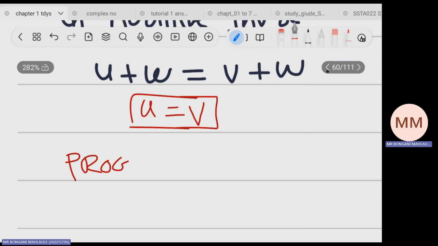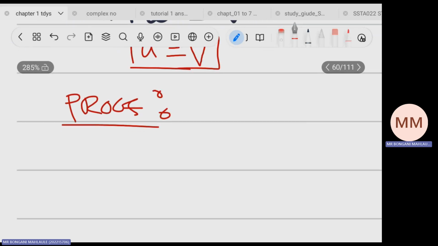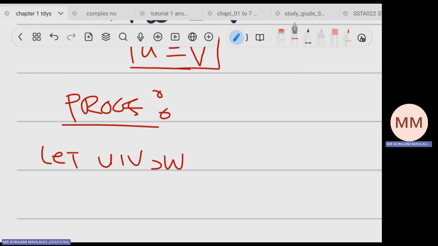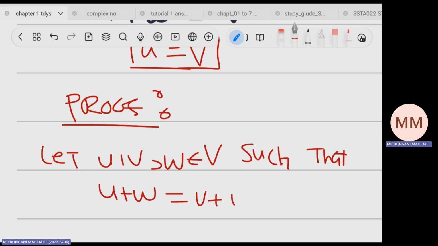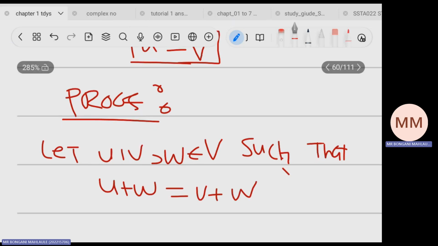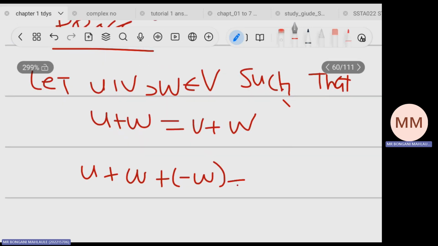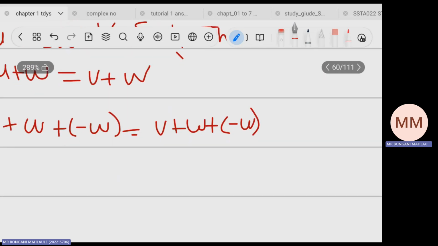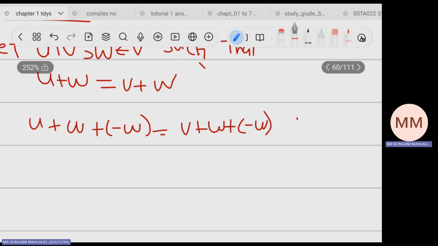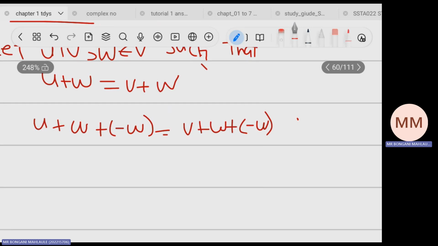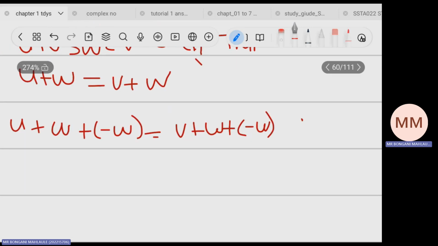So the proof will be like this. Let u, v, w be elements of V such that u plus w is equal to v plus w. Then you introduce a negative w here. Just introduce it and then you write the reason. This is by the cancellation law.